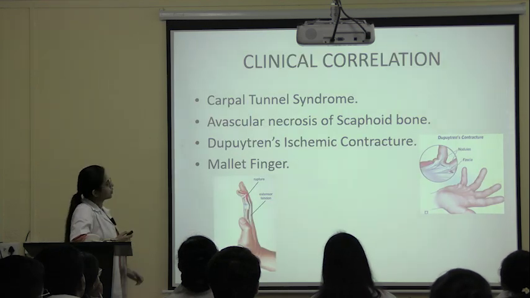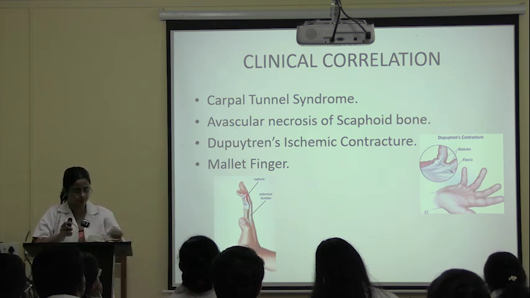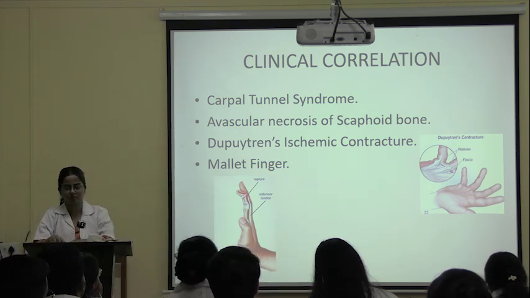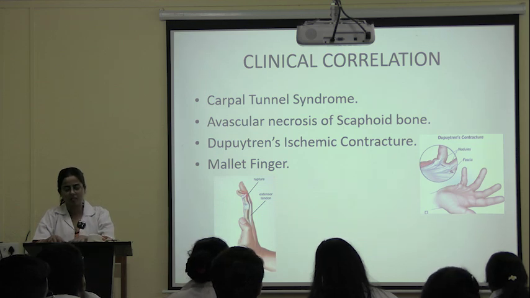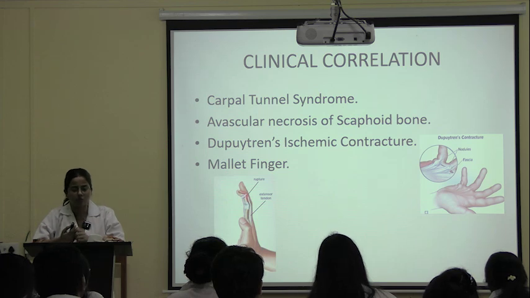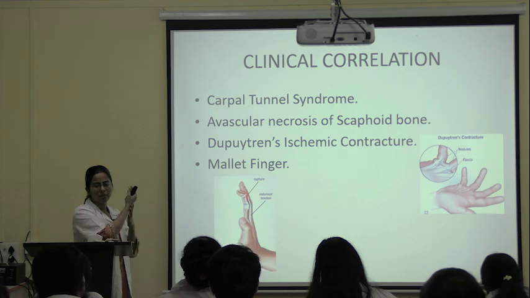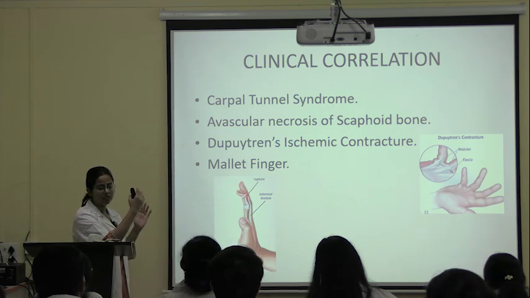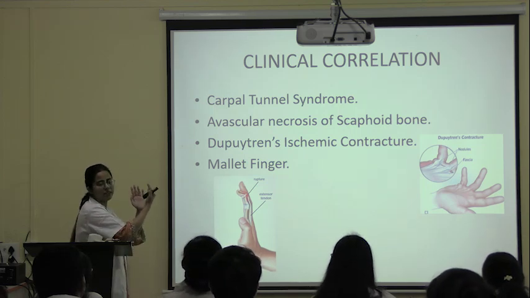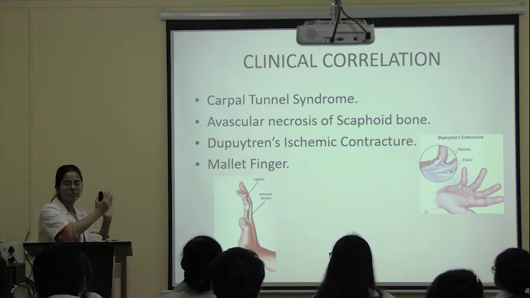Now clinical correlation. Anyone knows what is carpal tunnel syndrome? Is it taught before? Not taught. Okay. So what happens? The dorsal surface of the palm, medial and lateral surfaces together form a convex shape, but the palmar surface forms a concave shape.